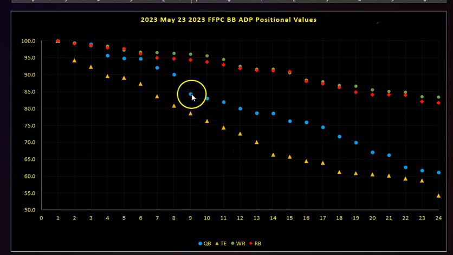Quarterbacks are the blue circles here, okay? And of course, there's always a top everything. Second, third, fourth. So notice value-wise, the public's value on the fourth quarterback is less than the fourth wide receiver and running back. I don't know if you realize that, but there it is.